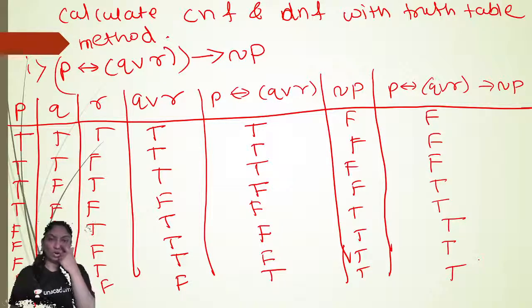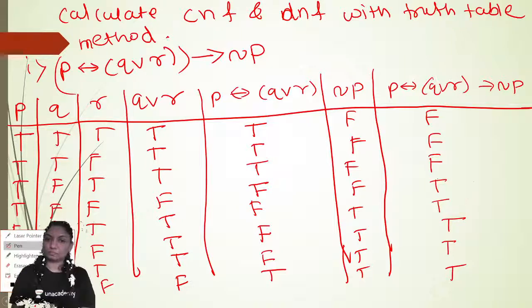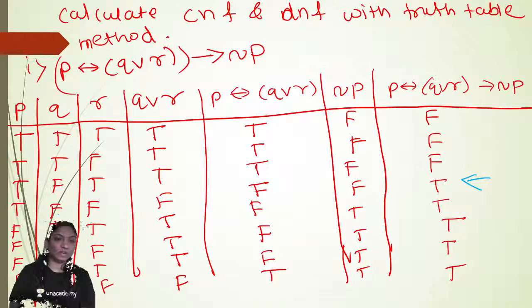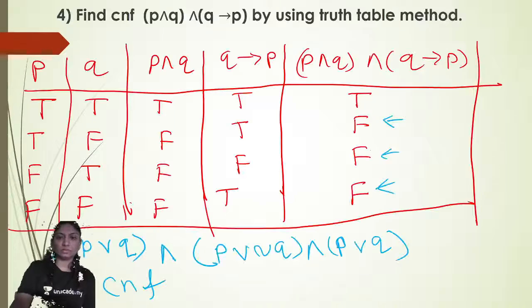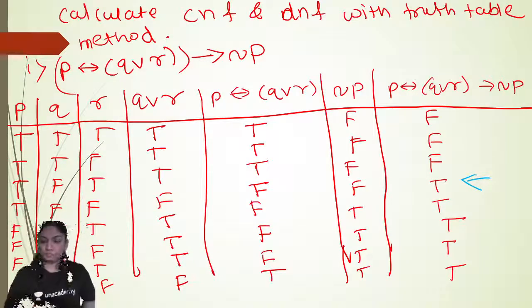Okay. Now if you observe here, first T is here. So write down the corresponding values of this PQR. So corresponding values of PQR are TFF. So you will get DNF as here.